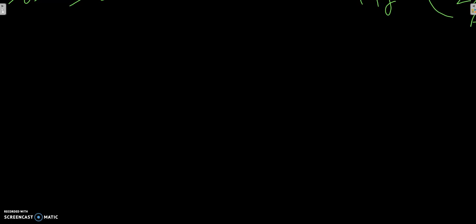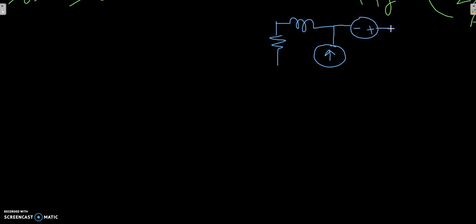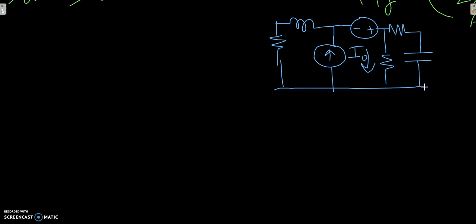So there is a resistor here, then an inductor, a current source, then a voltage source, then a resistor, and finally a capacitor, and one more resistor here through which we are interested in finding the current. So this is the circuit.